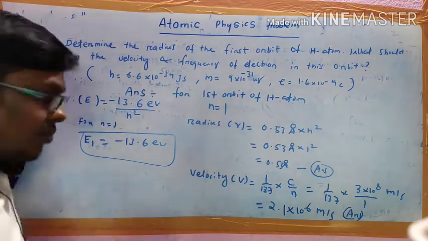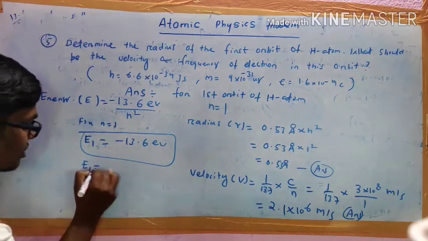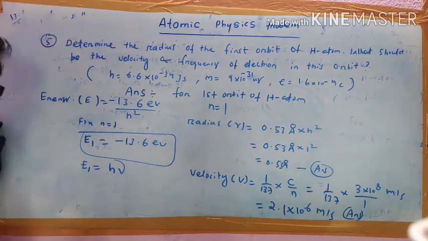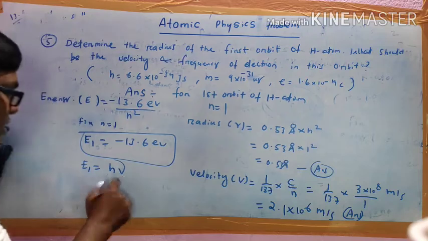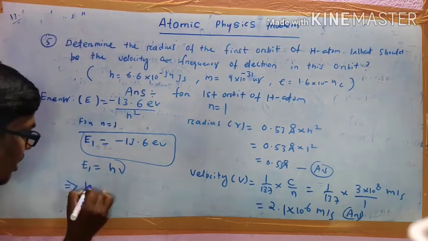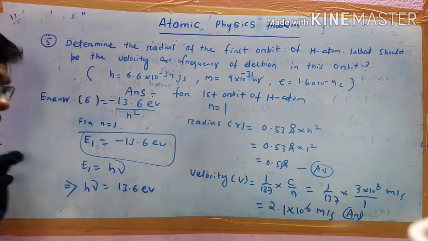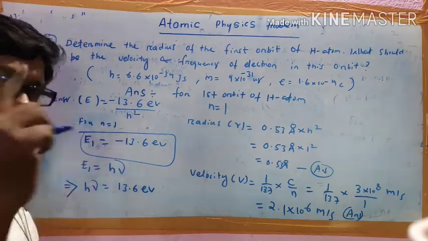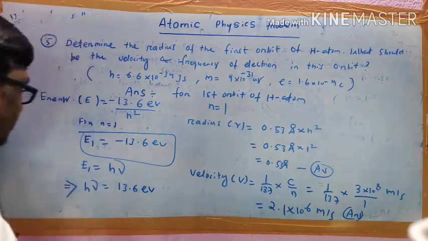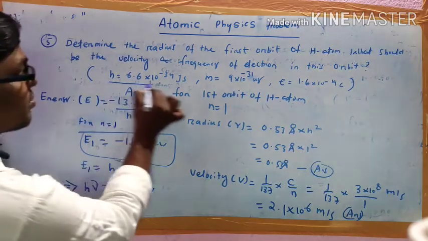But what we know? E is equal to h nu, where nu is the frequency. So h nu is equal to 13.6 eV. I am not taking the negative sign because I am only calculating the magnitude. Here h is the given Planck's constant.